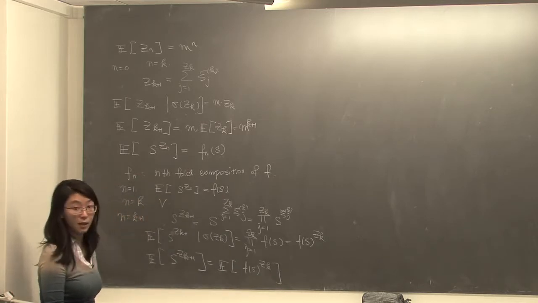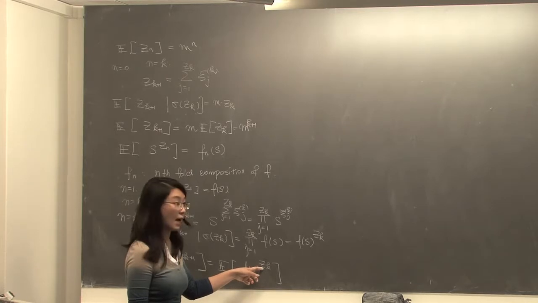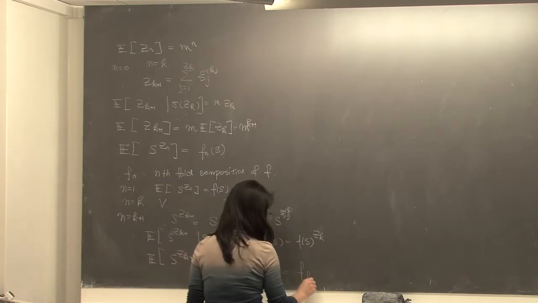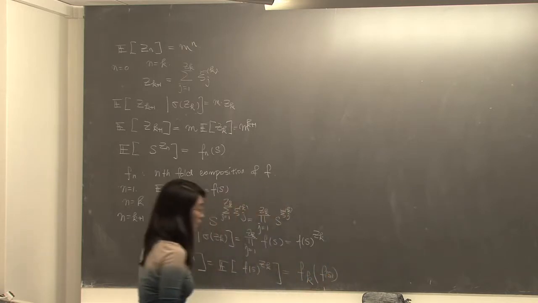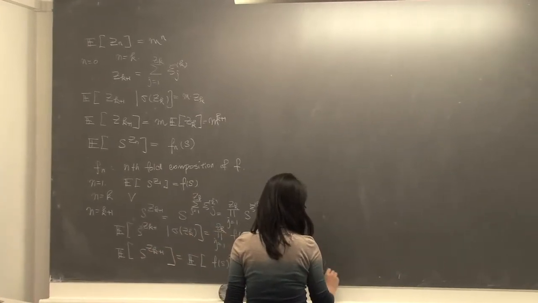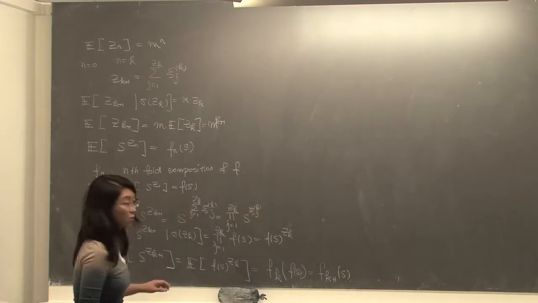And by induction hypothesis, we know that the generating function of Z_k is f_k. So now its generating function is f_k, and we are taking the value F(s). So this is the (k+1)-fold composition of F. So this proves the conclusion.